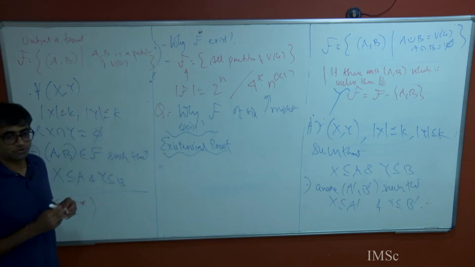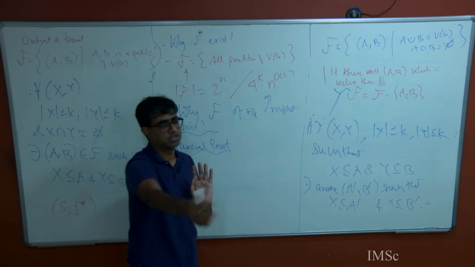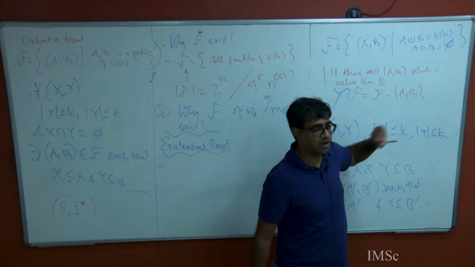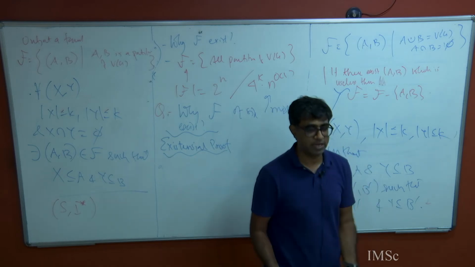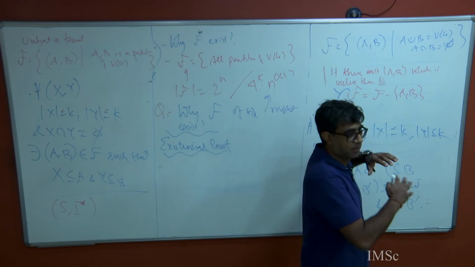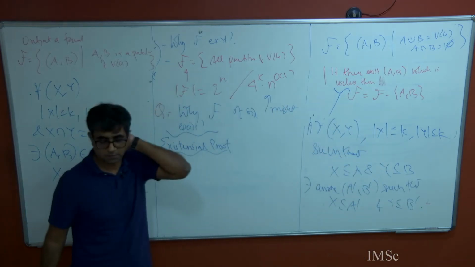That's it. So whatever job (A, B) does, there is someone else who can do the job for it. In other words, even if I take F minus (A, B), I have this property that for every x, y there exists some set in F which will witness this. Is this definition clear?